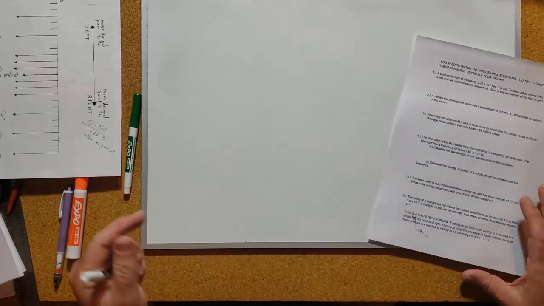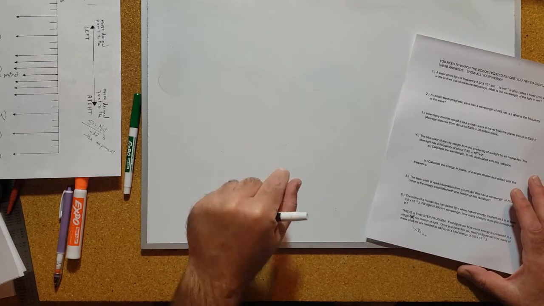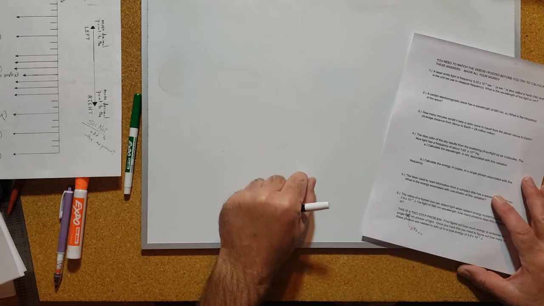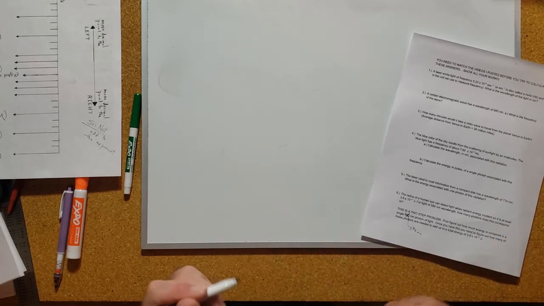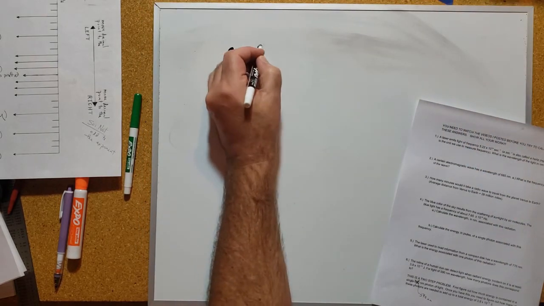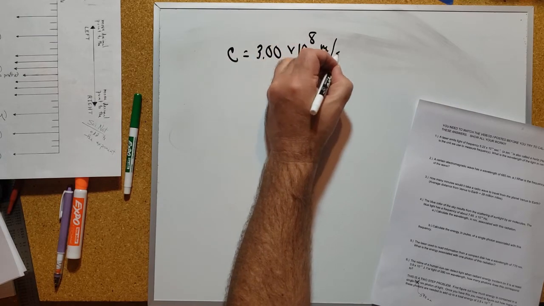All right. So we want to compute time, knowing distance, and we're also going to know speed because we're dealing with light. What is the speed of light? Well, we symbolize it with the letter C, and that's 3.00 times 10 to the 8th meters per second.